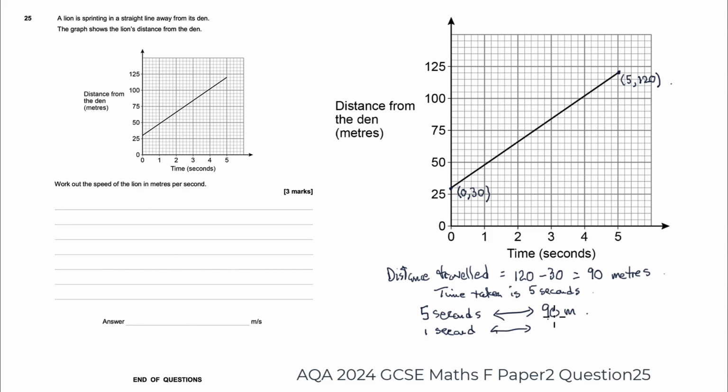We divide 90 by 5. Do that in your calculator. You get 18 metres. So the speed, that's exactly what a speed tells you, is how far it's travelled in 1 second. That's 18 metres per second. So the answer, 18. And there's metres per second.